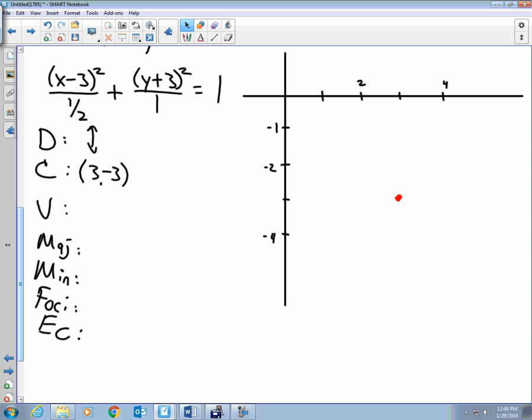How many units do I move vertically? 1. How many units do I move horizontally? 1 over the square root of 2, which is the root of 2 over 2, or 0.7071.